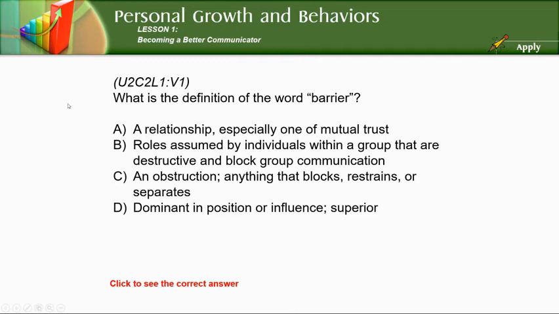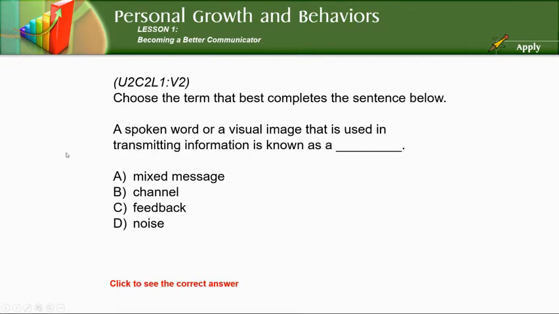All right, so what is the definition of the word barrier? An obstruction, anything that blocks, restrains, or separates. Think of a barrier on a road, right? If the road's closed, they put it up there so it blocks you from going through that road that's closed. Okay, it's easy to remember that one. But you also have barriers in a group meeting or communication.